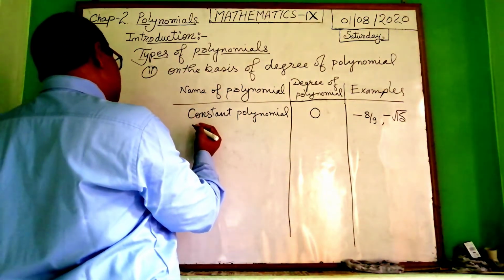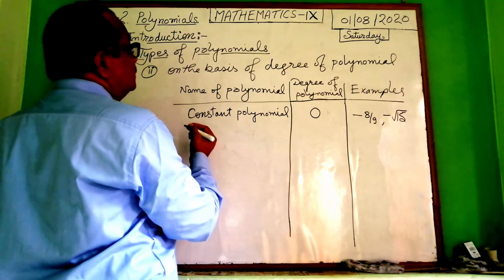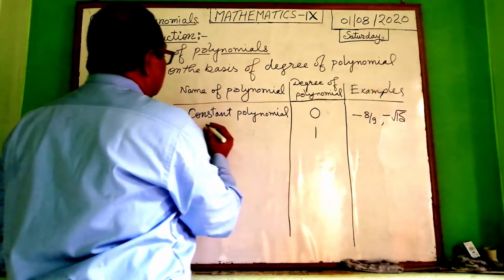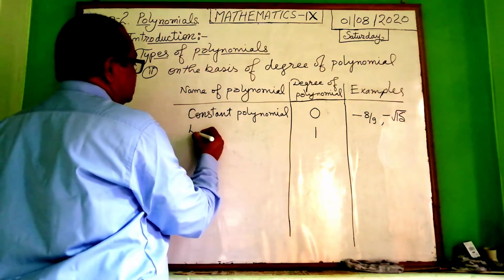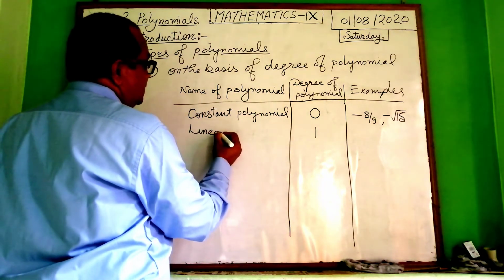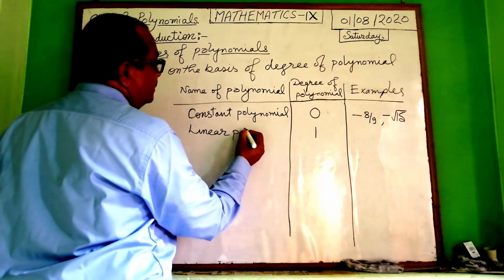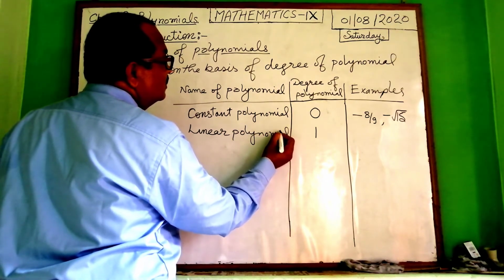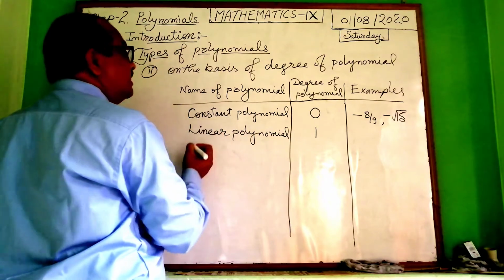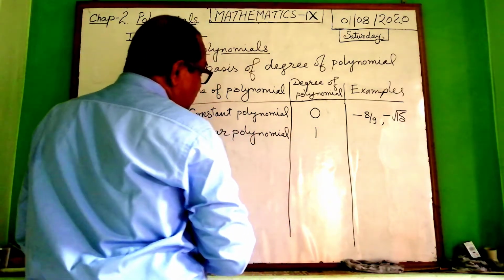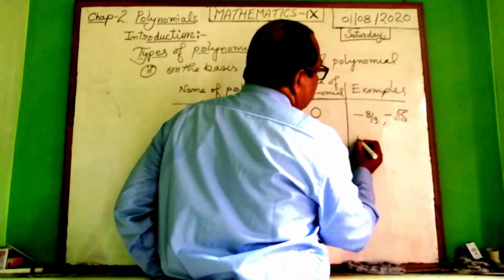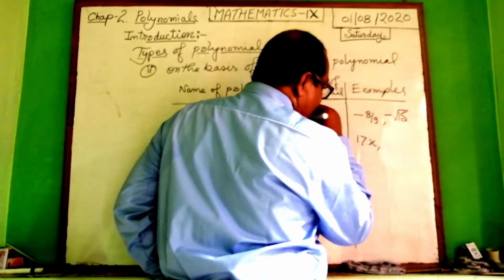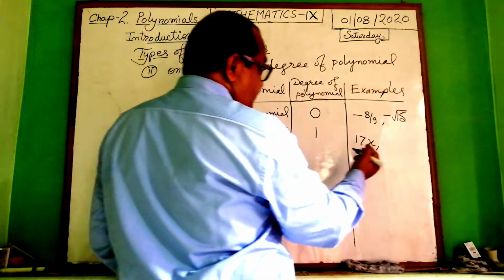After that, if the degree of the polynomial is 1, it's known as a linear polynomial. A linear polynomial has degree 1. For example, 17x has degree 1.